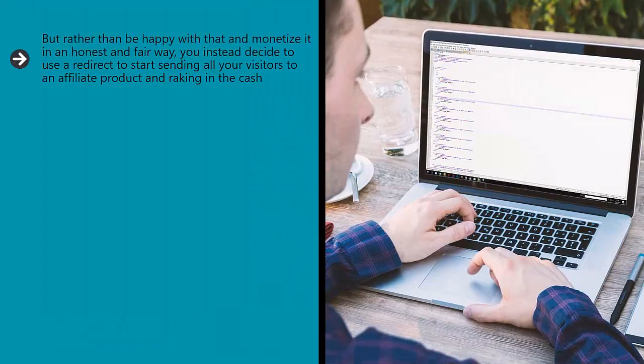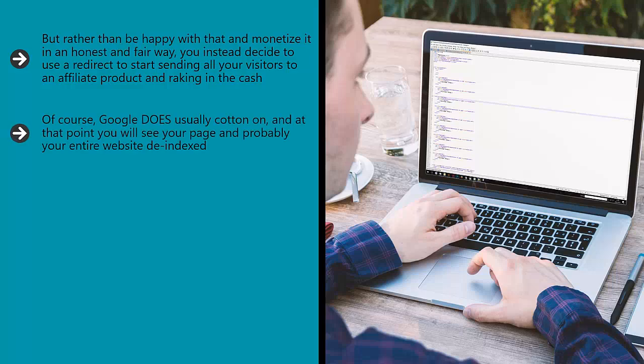But rather than be happy with that and monetize it in an honest and fair way, you instead decide to use a redirect to start sending all your visitors to an affiliate product and raking in the cash. It's an obvious strategy, but one that Google can have a hard time spotting if you use a PHP redirect. Of course, Google does usually cotton on, and at that point you will see your page and probably your entire website de-indexed. This is what Google doesn't want to see.